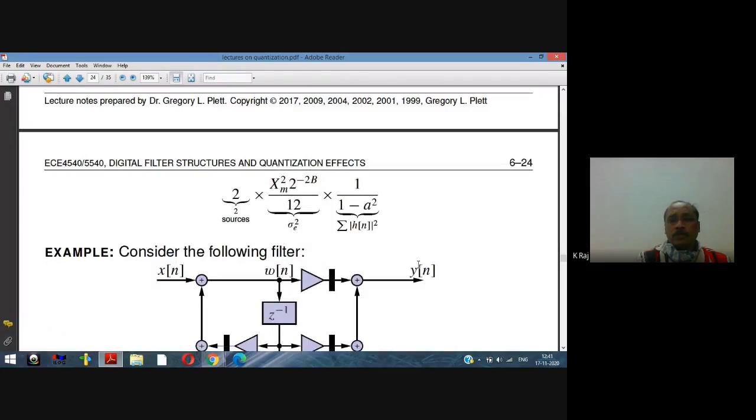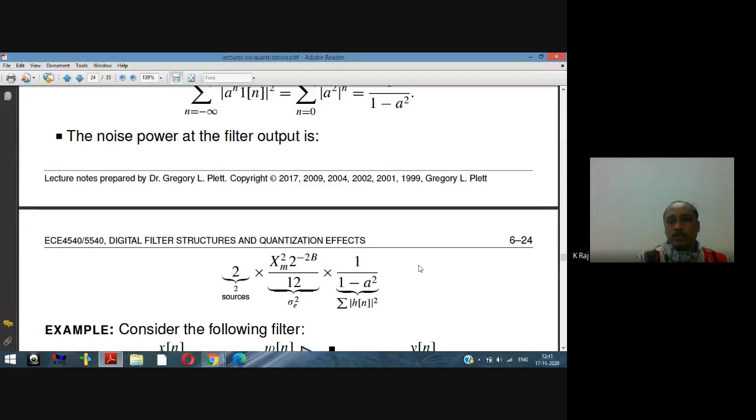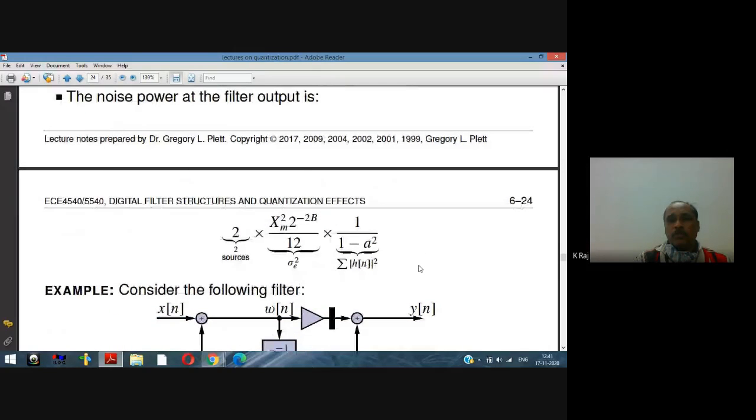Now, if we calculate the noise power at the given filter output, it will be multiplied by 2 times here, δ², that is σe², multiplied by the summation of h[n]². So this is the process by which we can calculate the noise power at the filter output.